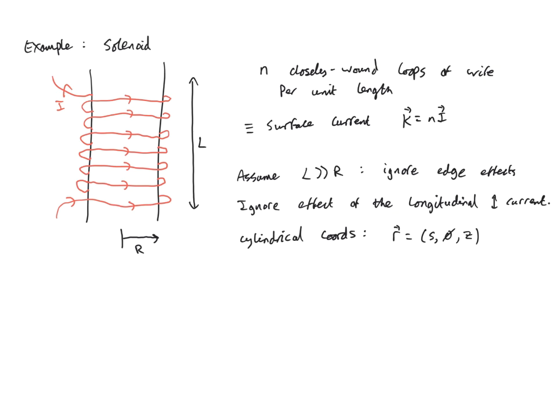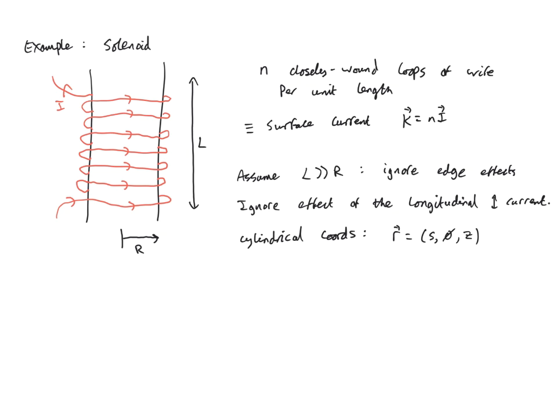Well, from the Biot-Savart law, we know that if we were to change the direction of the current, then the magnetic field would have to change, because the magnetic field is proportional to the current according to the Biot-Savart law. So if we change I to minus I, we would expect B to go to minus B. However, this would happen by turning the solenoid upside down.